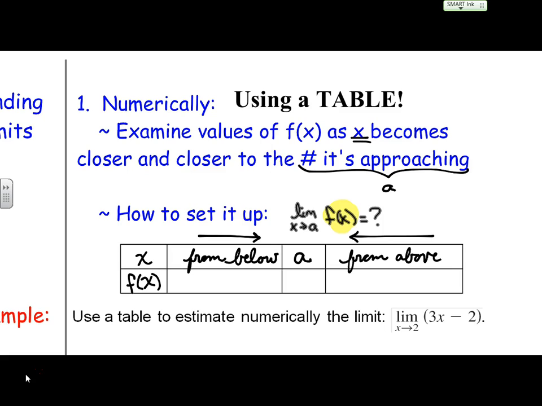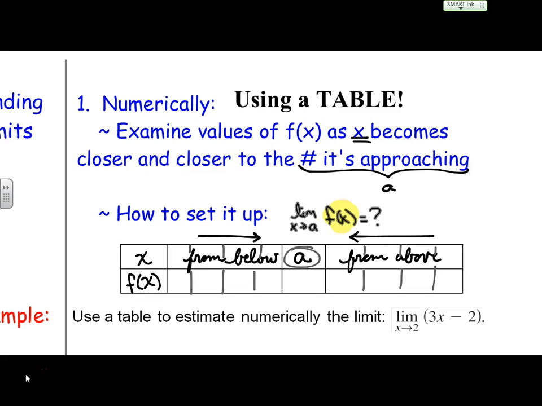Now technically there are going to be multiple points that we're finding. So it's not like it's just one, but we're going to be finding multiple points from below and from above. Plugging in from below, plugging in from above. And our goal is these points that we plug in, the x values, are approaching A. And as x approaches A, what are we looking at?